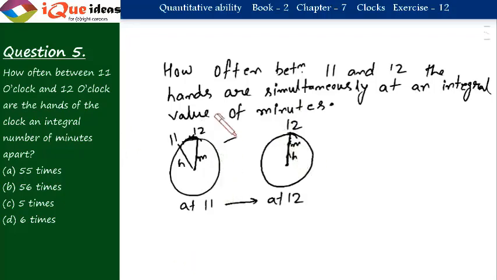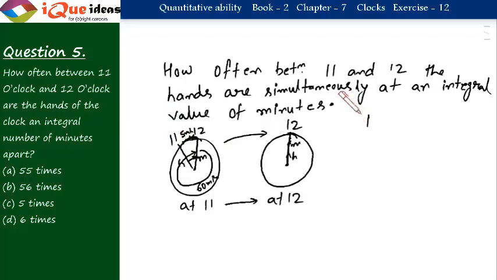But what has happened from this situation to this situation? You see, the minute hand has traveled the entire round, which is equivalent to 60 minutes, and the hour hand has traveled only this much distance, which is equivalent to 5 minutes.